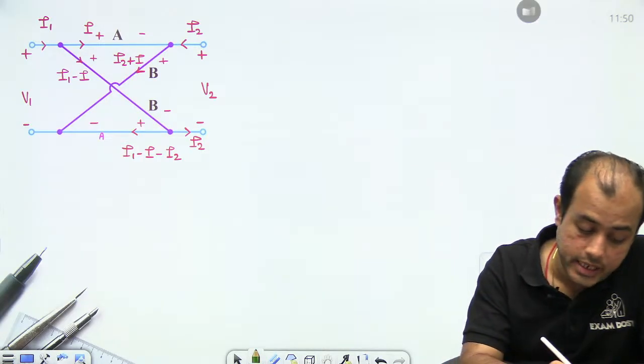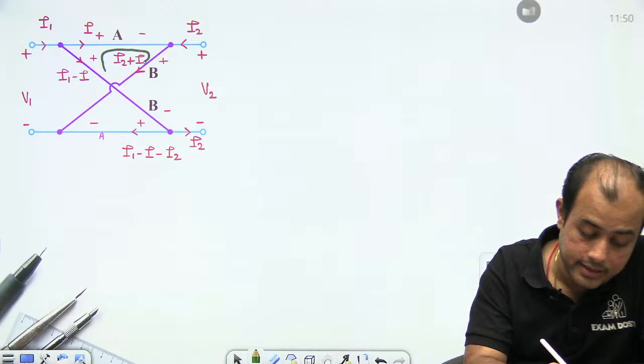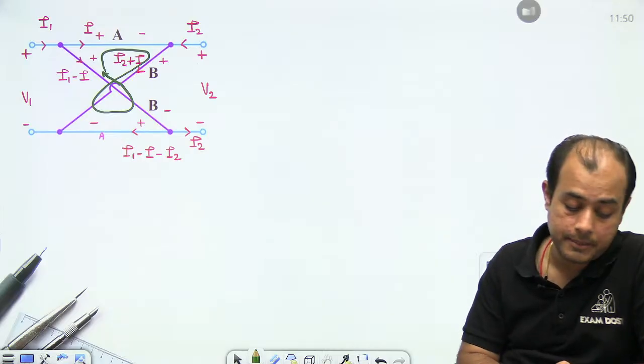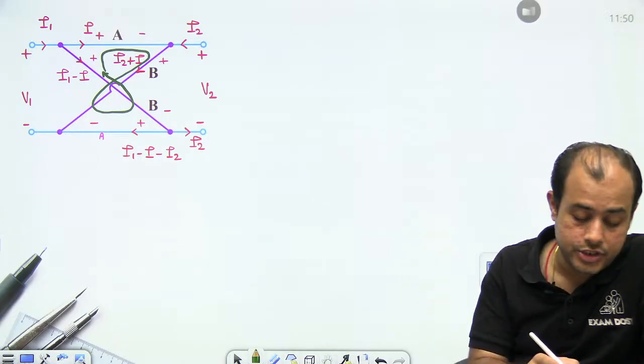It is not a part of the terminal variables. So I will apply KVL in the shape of 8.